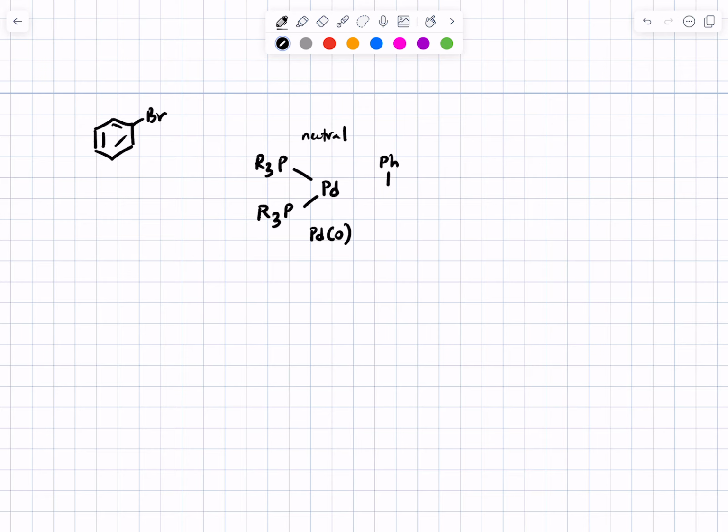In the first step, you've got an oxidative addition of the phenyl bromide bond to the metal.